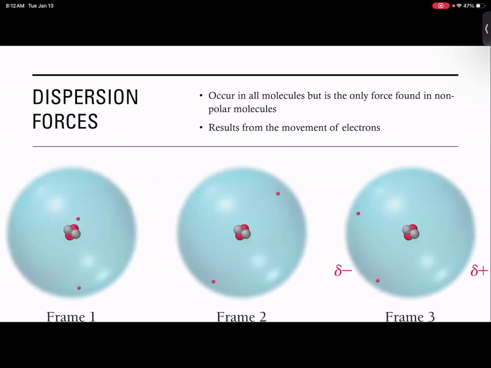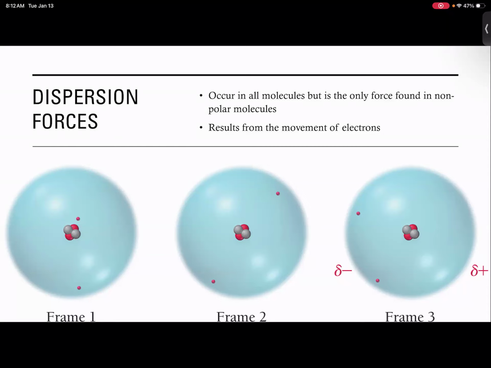So again, let's break down each of these forces. Let's start with dispersion forces. Again, electrons are in constant motion. Here we have a picture of a helium atom. The helium atom has one electron on one side of the nucleus and one electron on the other side of the nucleus.